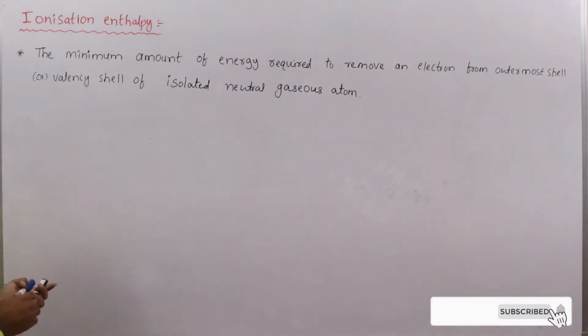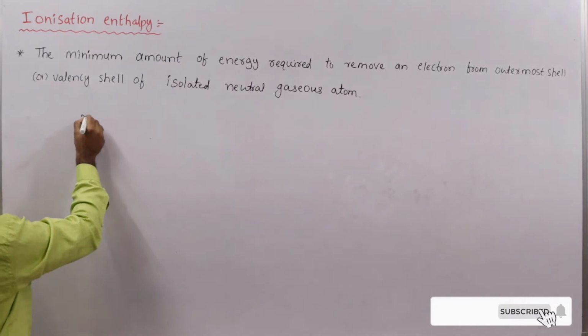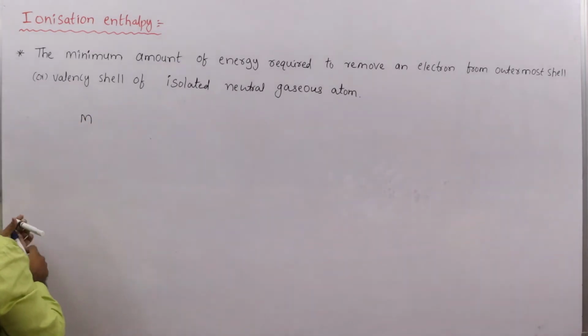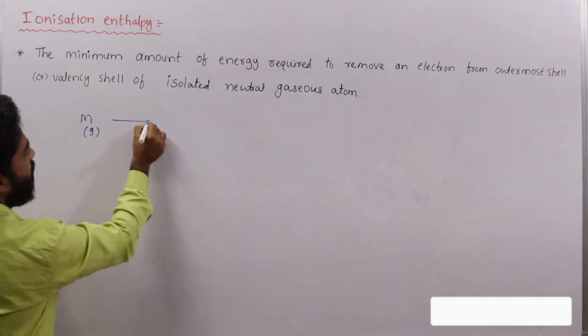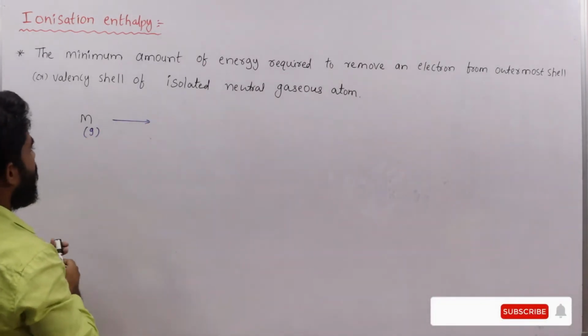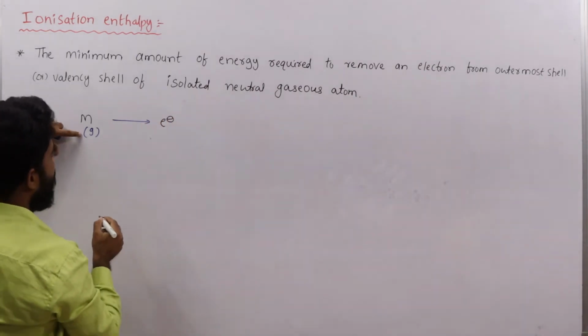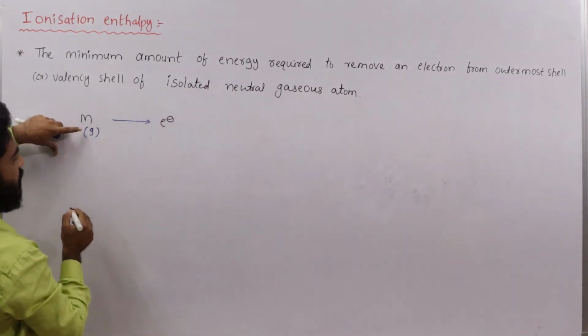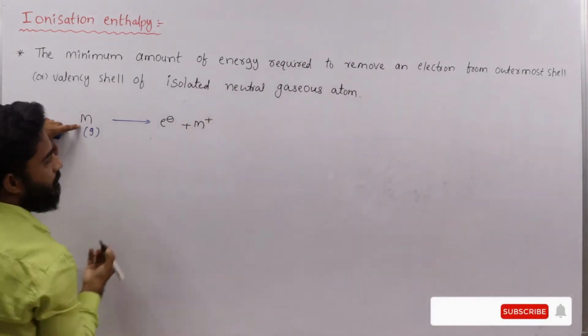Let us see an example. I am taking a species M which is present in the gaseous state. One electron is removed from this gaseous isolated neutral atom, and it changes to M plus.